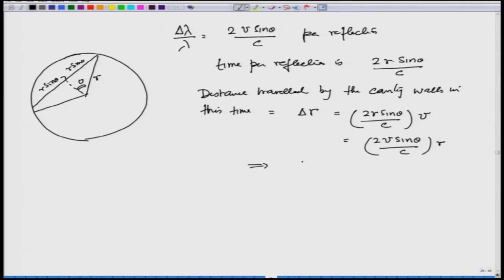This implies 2 v sin theta over c can be written as delta r over r.